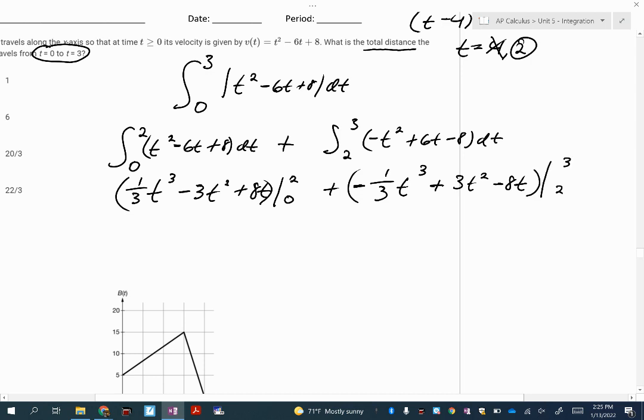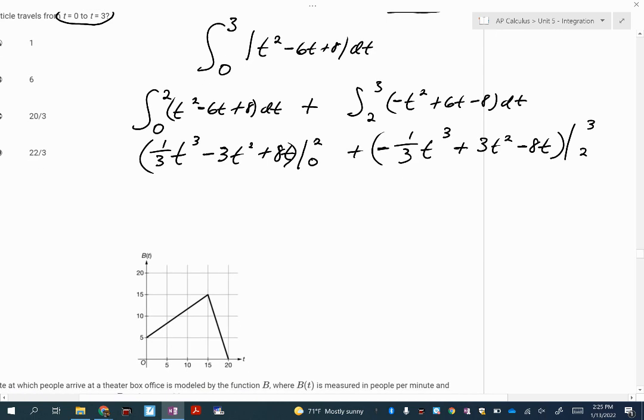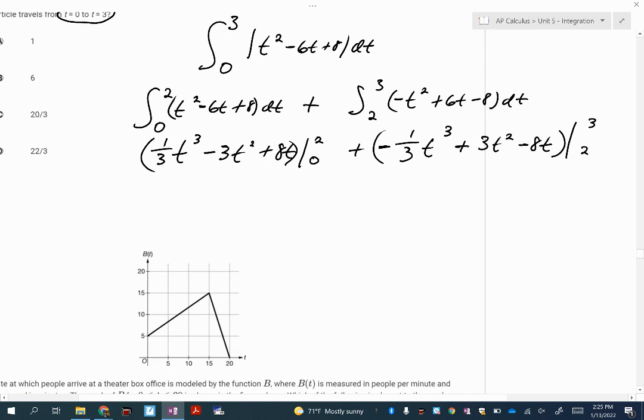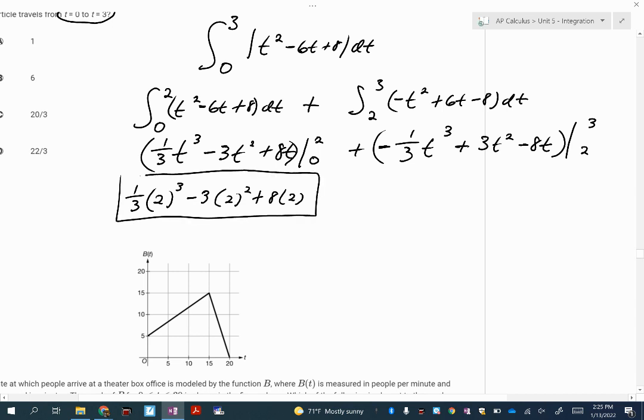So there's a lot of work to do here. I'm just going to write out my work and then go to Desmos to find the actual numbers. So I have 1/3 times 2 cubed minus 3 times 2 squared plus 8 times 2. I'm not going to plug in 0 because all of that would just be 0. So this gives me my first piece.